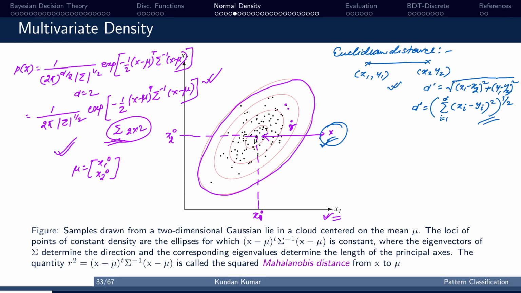So in that case, the Mahalanobis distance is defined, which is given by r square equal to, I'm writing in the matrix form, (x minus mu) transpose sigma inverse (x minus mu).